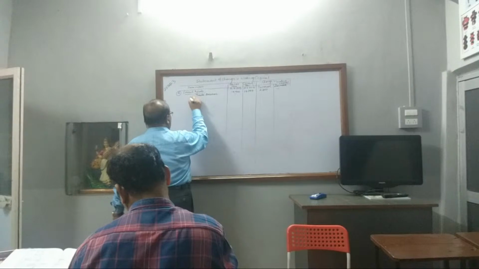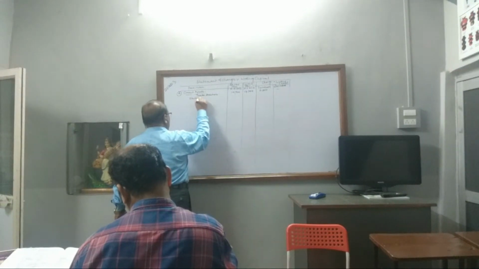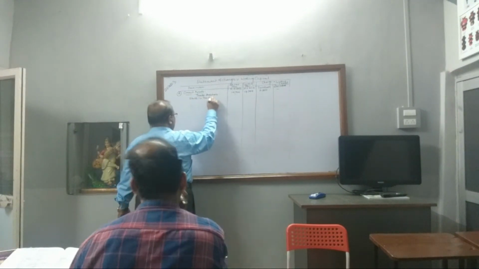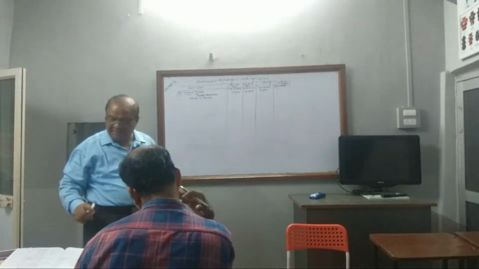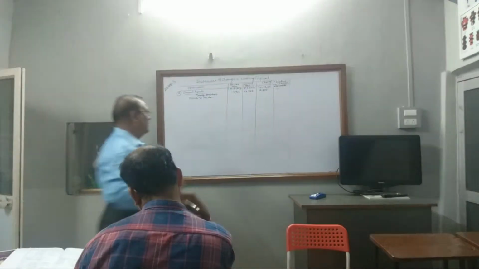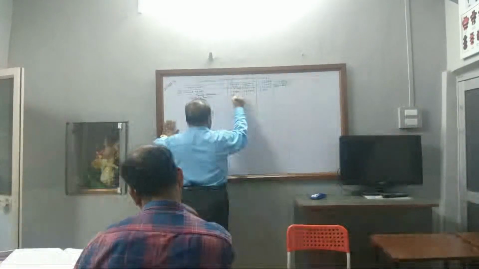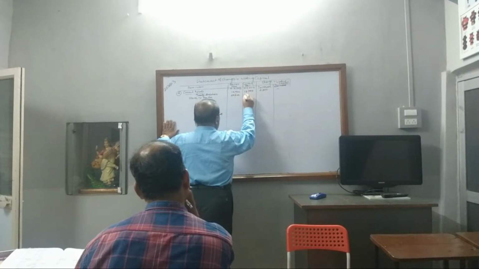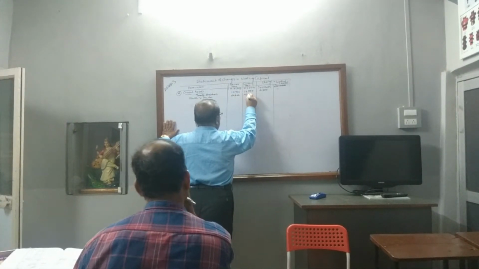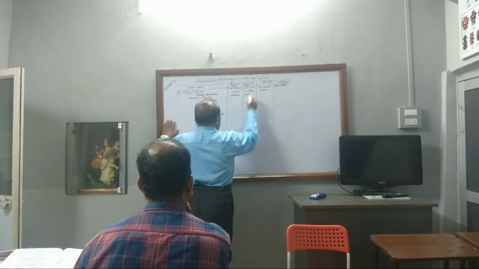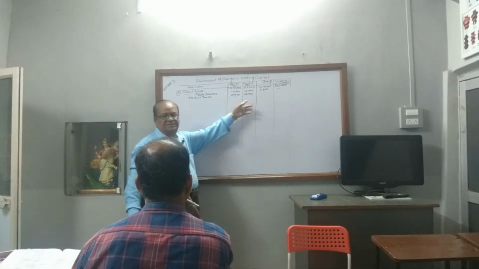Then you take their amount. How much? The amount is 49,200 and next is 42,700. So as compared, it is a decrease.